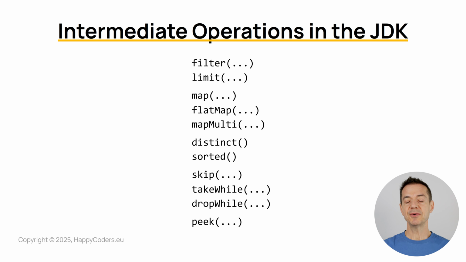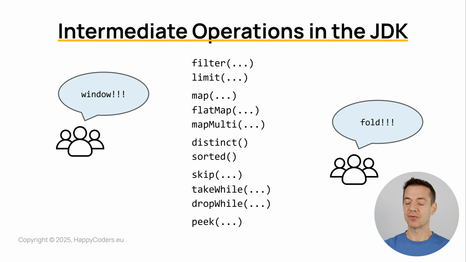And if you look at the feature requests from the Java community, you'll find many wishes for other operations, especially ones like window or fold. But instead of integrating all these requested intermediate operations directly into the stream interface, the JDK developers decided to take a different approach.